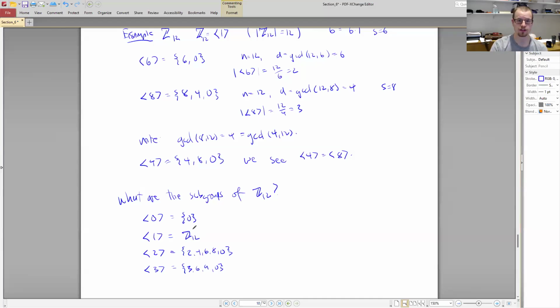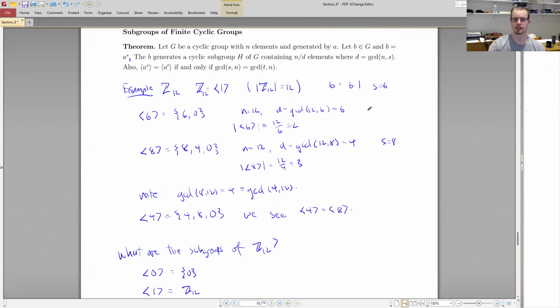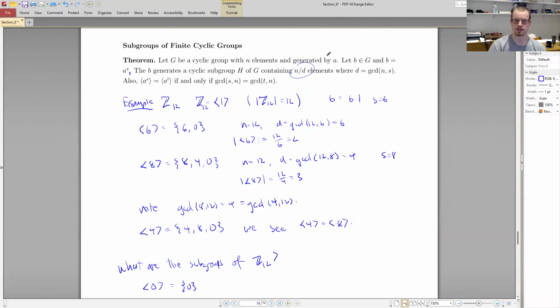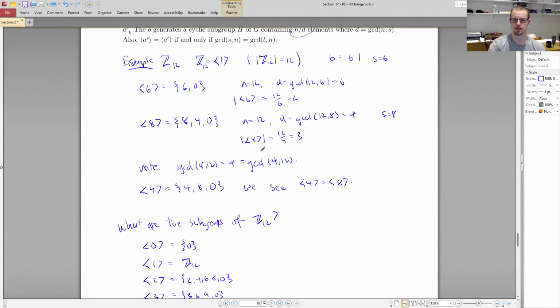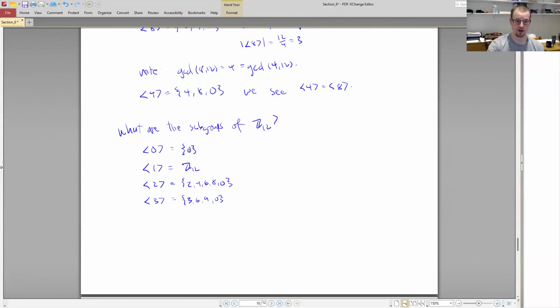Sorry, I'm looking at this piece right here. That's how many elements it has, and we did that computation here and here. So we know that greatest common divisor is 12 here. So 12 divided by 12 gives us 1 element. Greatest common divisor here between 12 and 1 is 1. So 12 divided by 1 gives us the 12 elements of Z12.